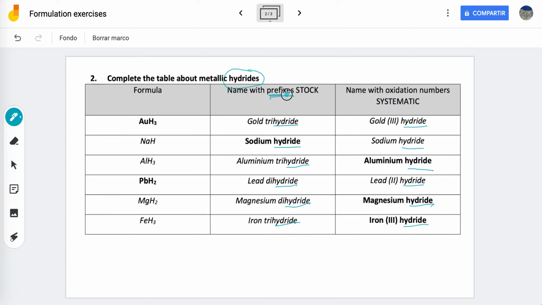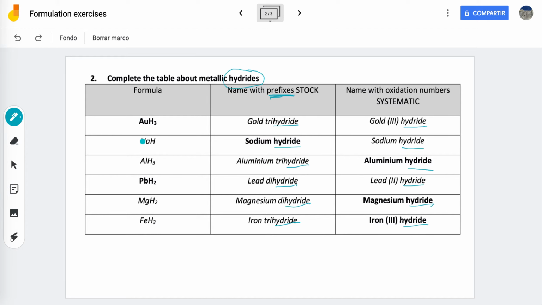Really, these names save us sometimes. So what we have here is these two. They give us these two in bold, and then we have to guess the rest of the formulas or the rest of the names of the stock. Okay, I'm going to erase this to make it clearer.